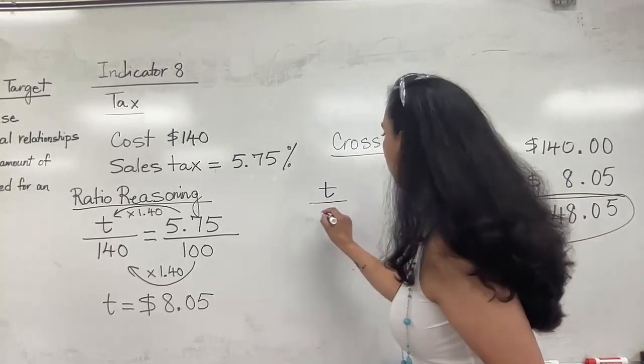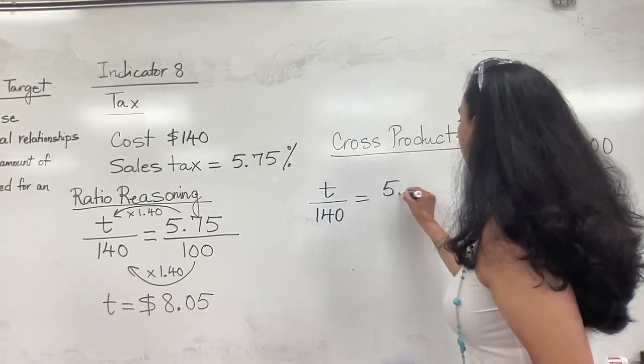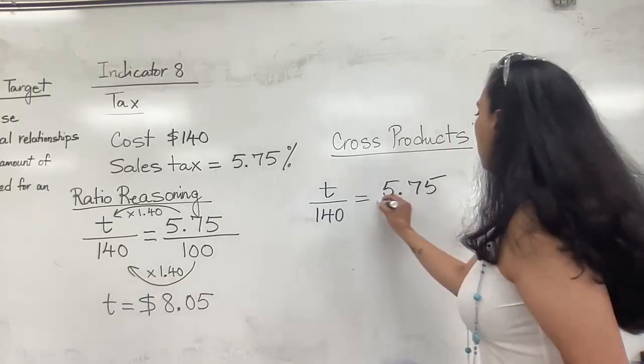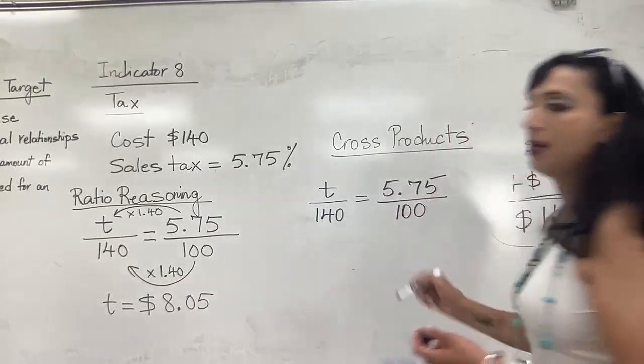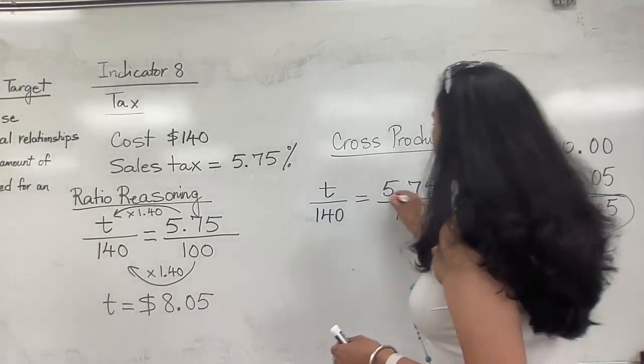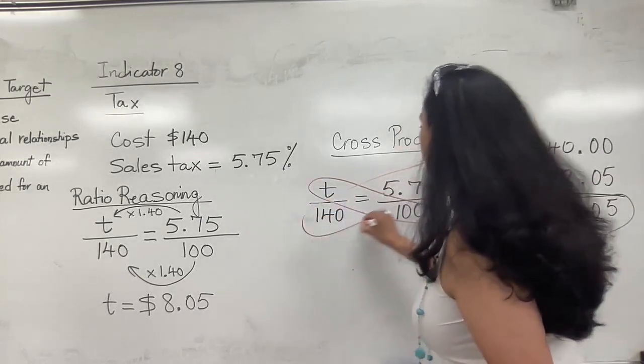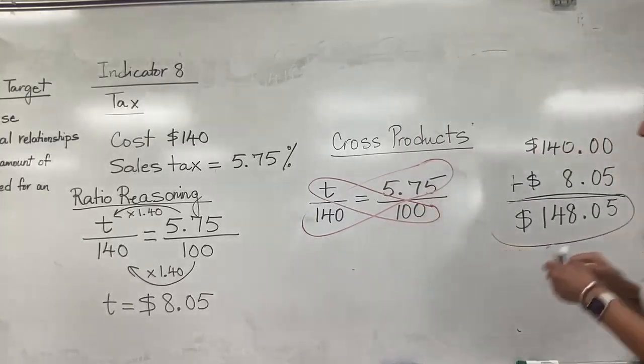So I just want you to have that option, okay? Over 100. And if you remember cross products, this is what we do. T times 100 and this times this, right?